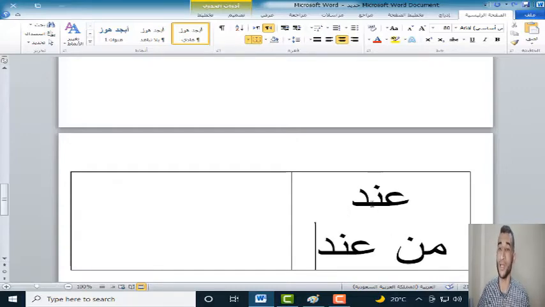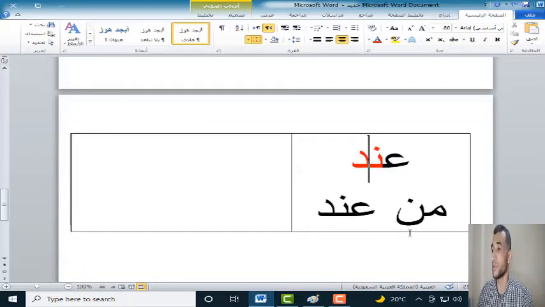So when we apply the rules of nun sakina, you can apply the rules in the same word or between two words. You can find the letter after the nun sakina in the same word, like عند, here the letter nun and the letter dal, and the rule here is ikhfa, and we will study this rule in the next episode.